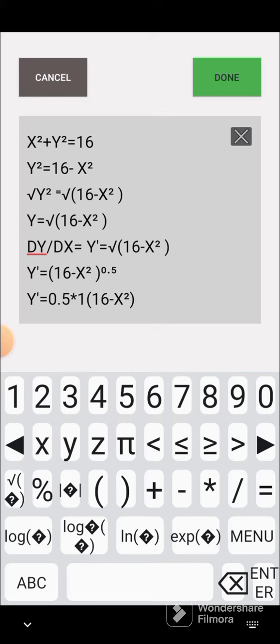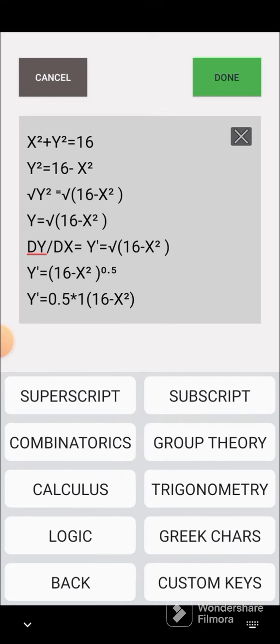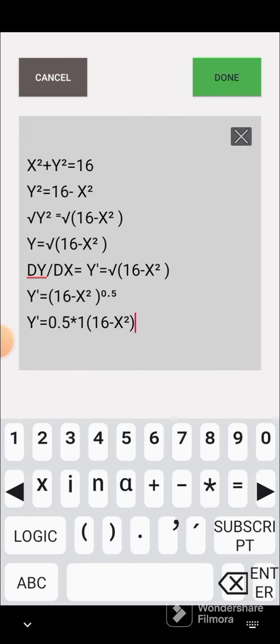Bring everything. Then you subtract, since we are differentiating the bracket, you multiply the power by the coefficient of the bracket, then we subtract 1 from the power, which is 0.5. The power is 0.5, then we subtract 1 from it.